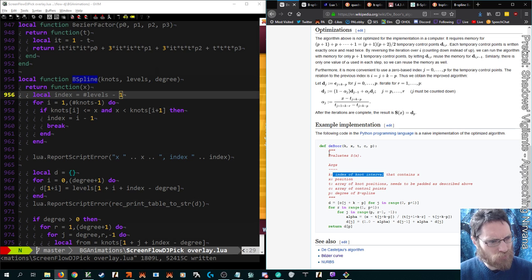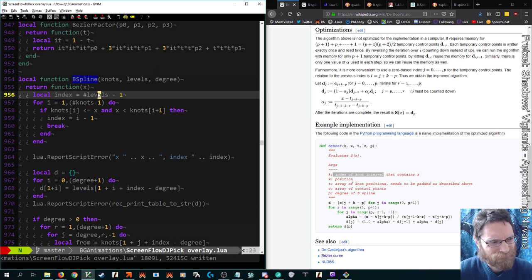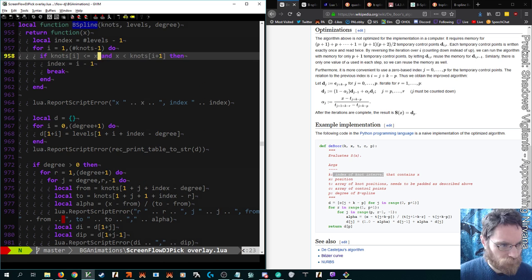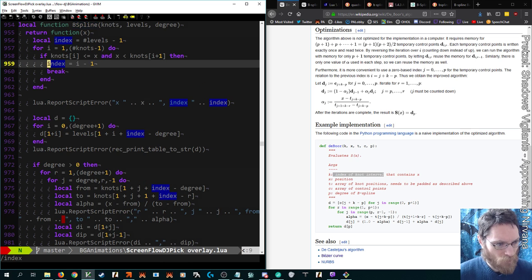Yeah, so actually that should be fine at knots, because whenever we do index stuff, that's from knots.